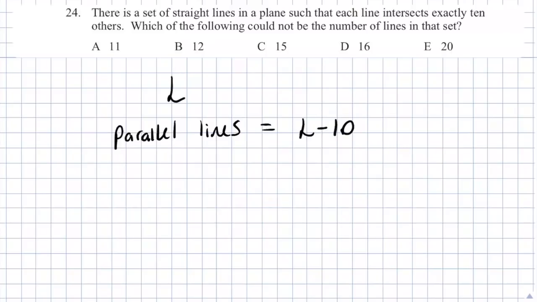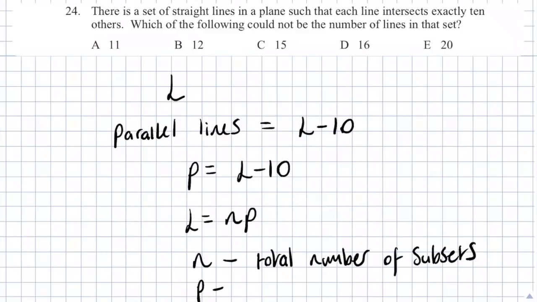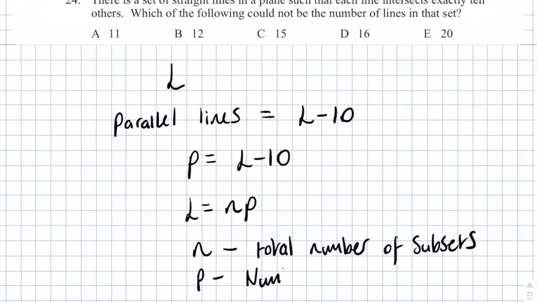But of course this is only for one set, and within this set there's going to be a whole series of different subsets. What we can say, if we represent a parallel line to be P, so P equals L minus 10, then we can say a line is equal to n times P, where n is our total number of subsets and P is our number of parallel lines.